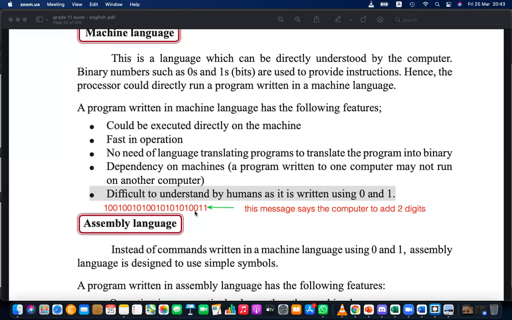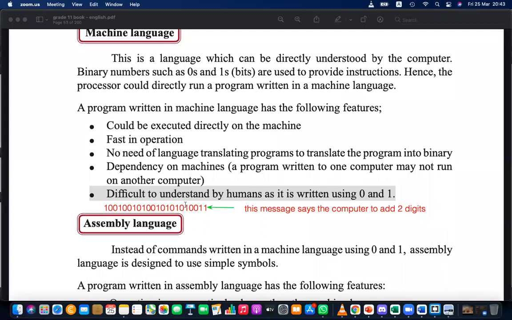This is only an example, this is hypothetical, this is not true. Hypothetical means assumption, right? But still, if somebody says this message tells the computer to add 2 digits, how can you understand? That's why I said it's difficult, because it makes no sense.